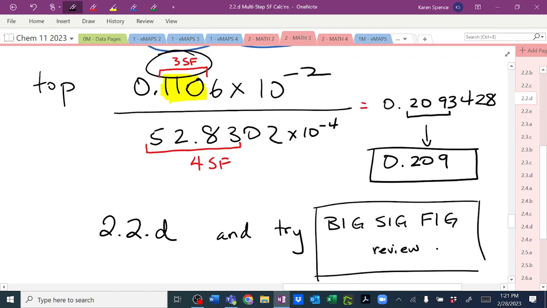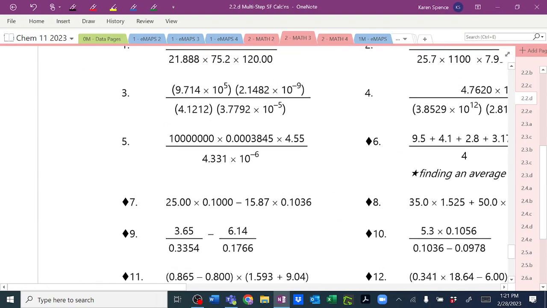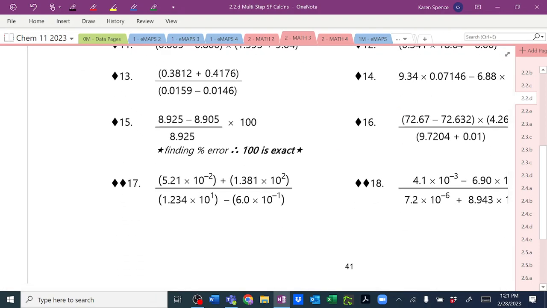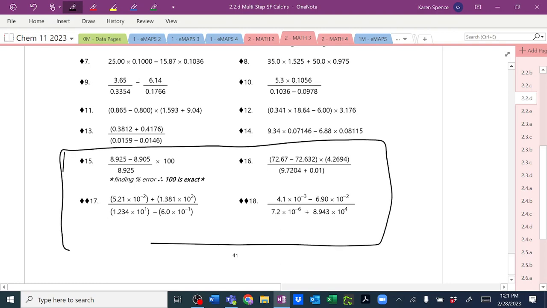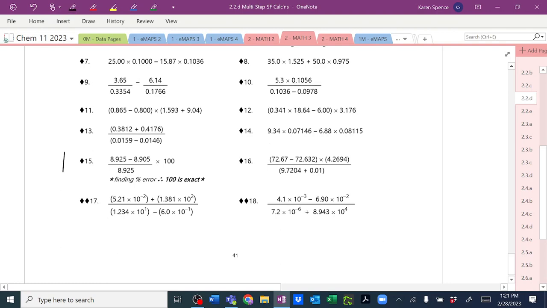If you're really interested in the multiple step ones, like if you're sort of at that level where you want that challenge, then page 41, the black diamond questions would be appropriate. But just bear in mind, these 4 questions down here, the answer key is actually for these 3, the answer key is wrong.